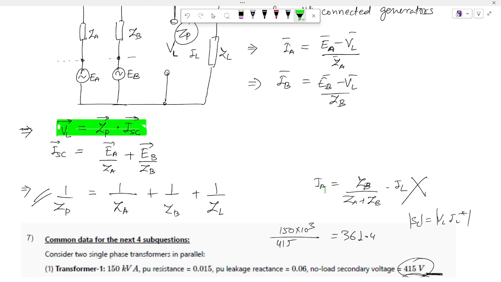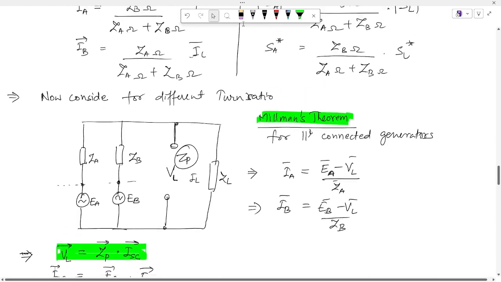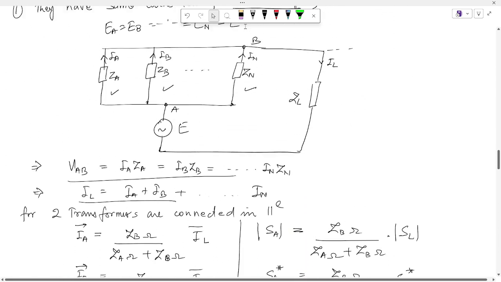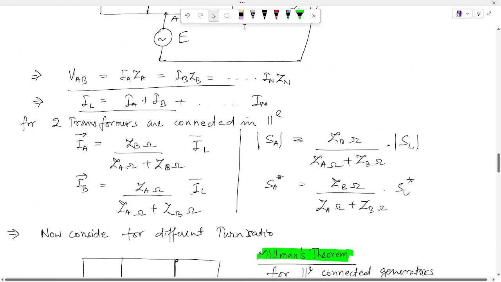Here you cannot directly apply the formula Ia equals Zb upon Za plus Zb into IL. This is wrong, because this is not the case for the same turns ratio and same X by R ratio condition.